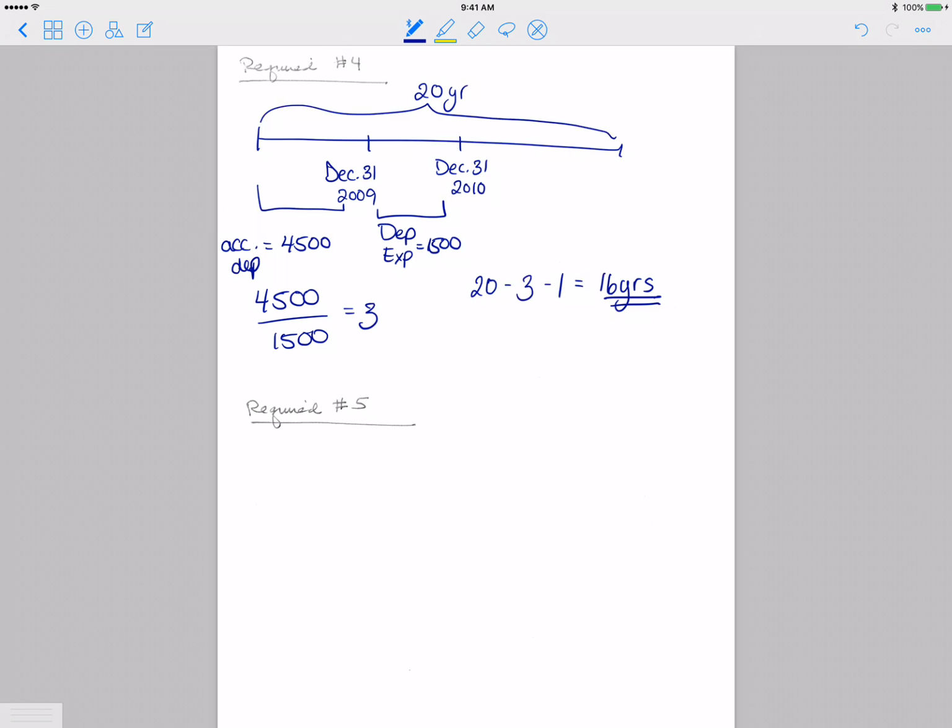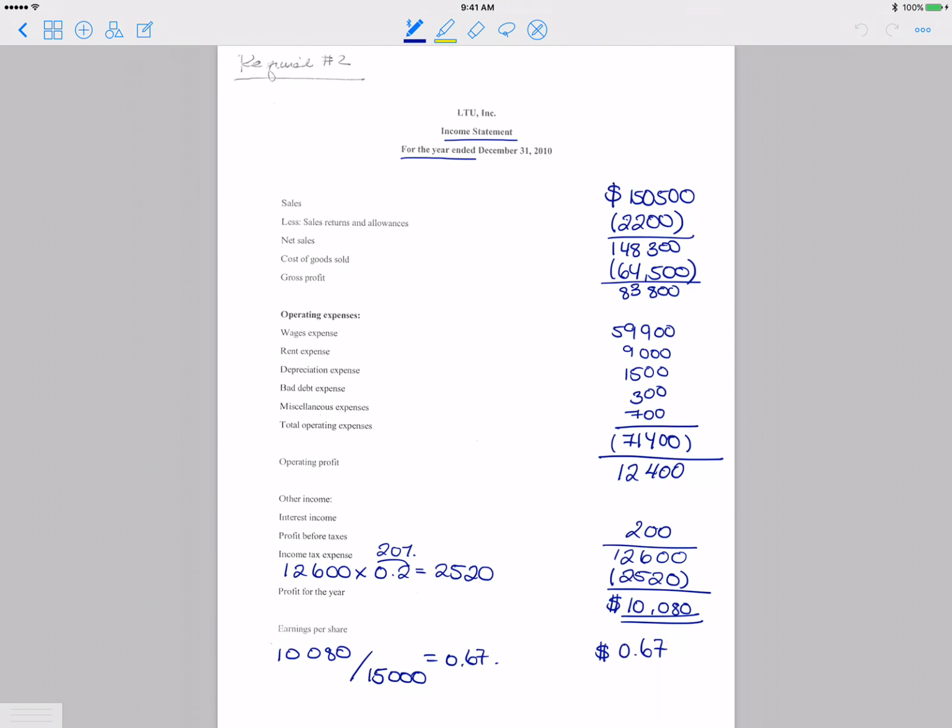In requirement number 5, we are looking at ratios. So the first ratio we need to calculate is our net profit margin ratio, which is equal to our profits divided by our net sales. So if we go back, we can see that our profits are on our income statement, correct, right here. These are our profits. And we also know that our net sales are right here.